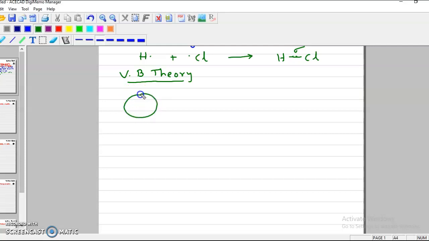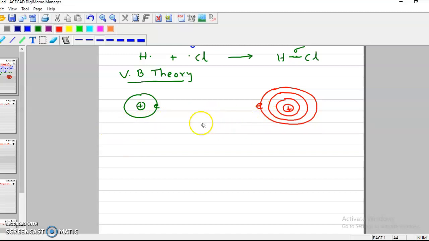Hydrogen has a nucleus and one electron in the first orbit. Chlorine has a nucleus, first orbit, second orbit, and third orbit. We are interested in the last orbit only, where there is one unpaired electron.